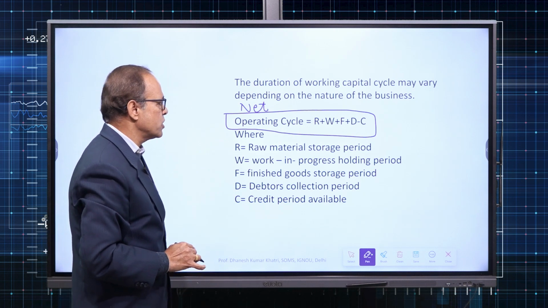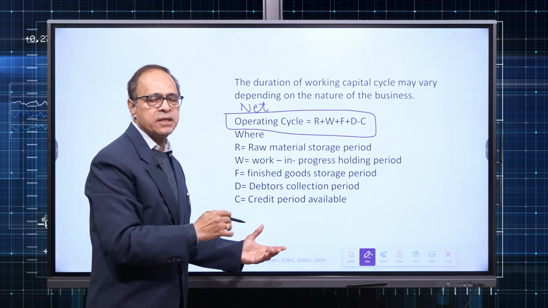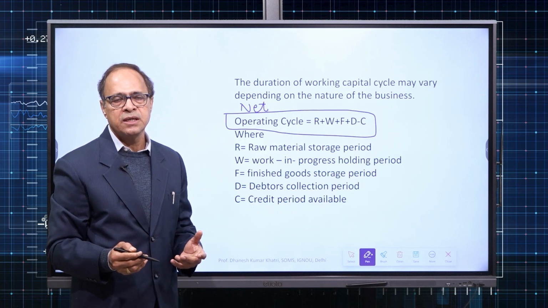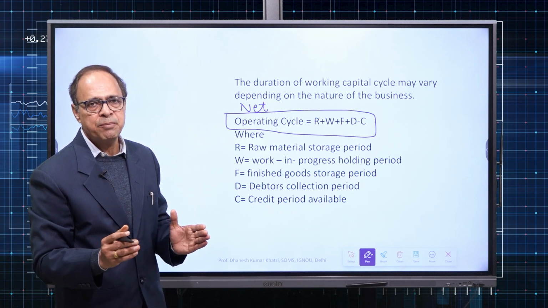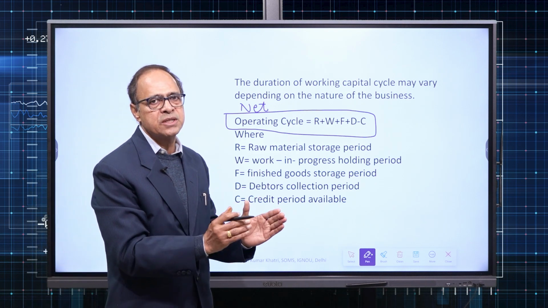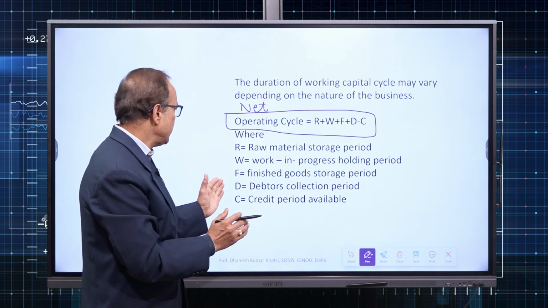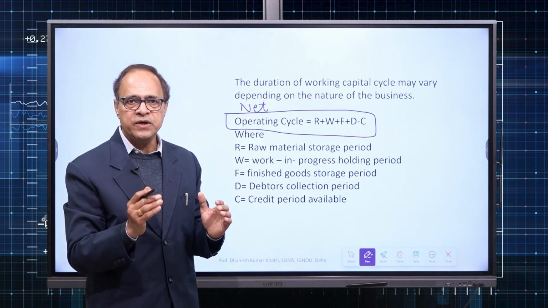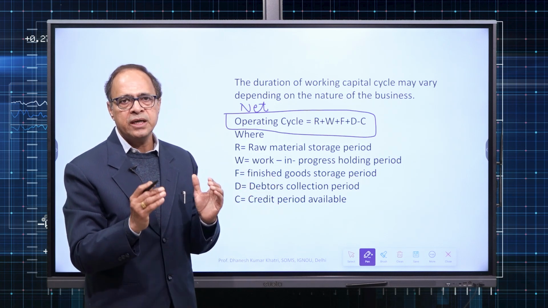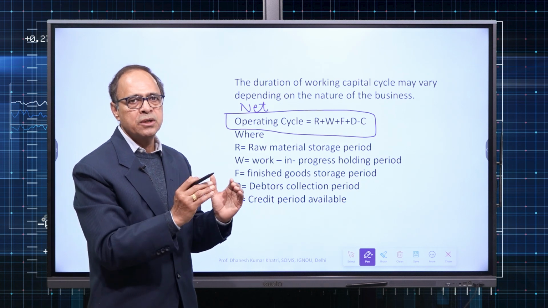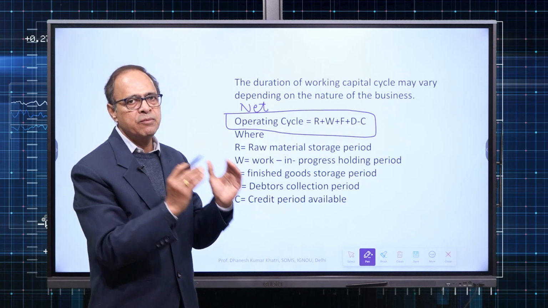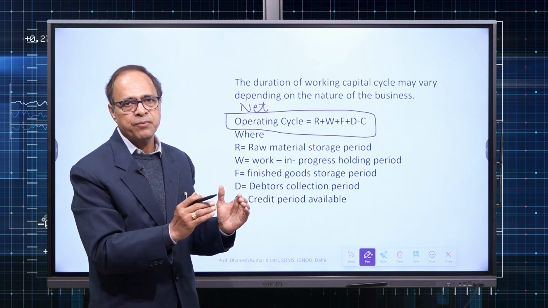Raw material storage period. As depicted in the previous slide, if it is 5 days, it means on an average I am keeping stock of raw material for 5 days requirement. Similarly, WIP period, if it is 10 days, on an average my money is blocked equal to 10 days semi finished goods WIP.